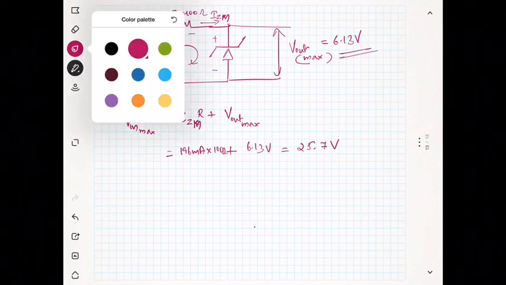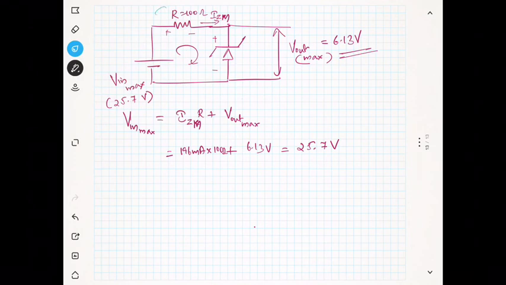The remaining voltage will be dropped across the resistance. So across this resistance you can see 25.7 minus 6.13 volt. That's why we put the resistance. The resistance will manage the voltage and limit the current through the Zener diode.